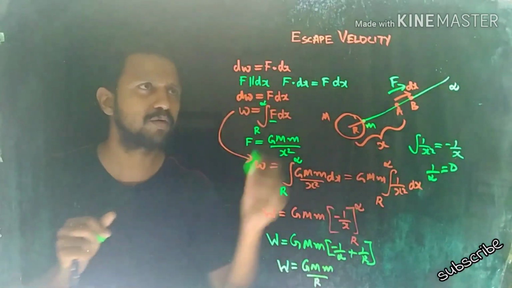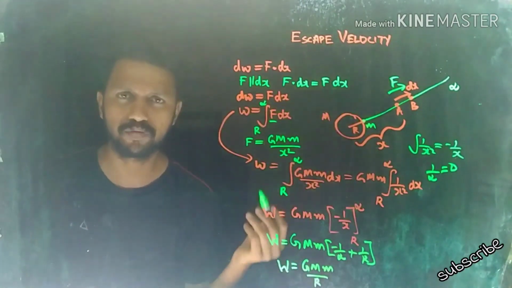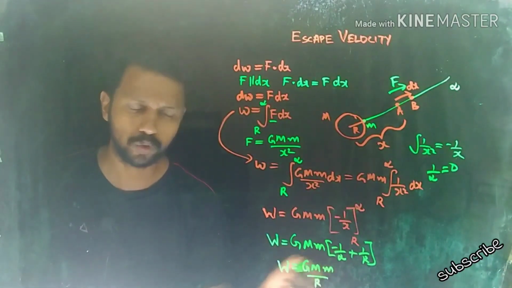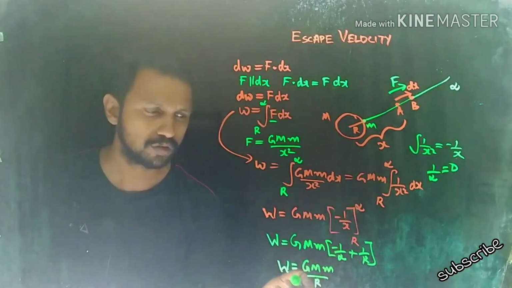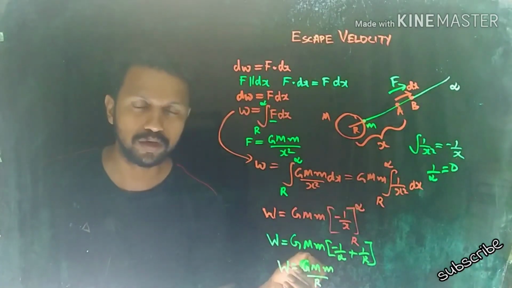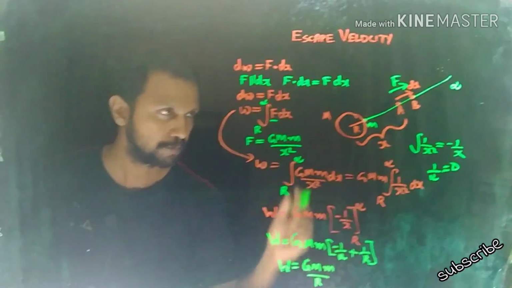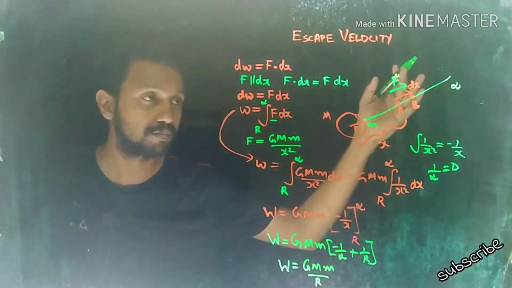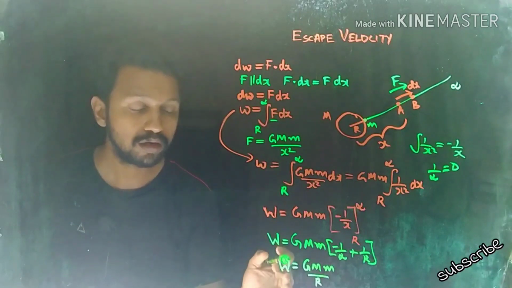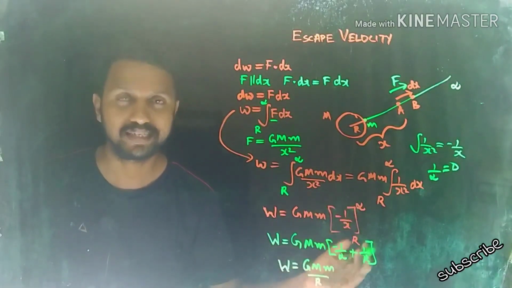But we require the expression for escape velocity. Why did we find out work? It's because by finding out work and equating it with kinetic energy, we could find out the expression for escape velocity. That is, we are throwing the substance up to infinity. Therefore, the work done in this case is in the form of kinetic energy.